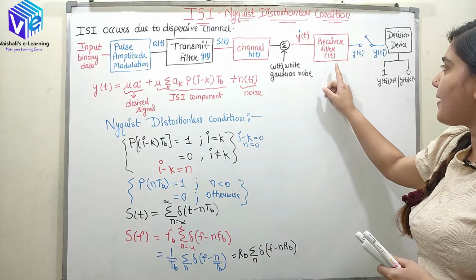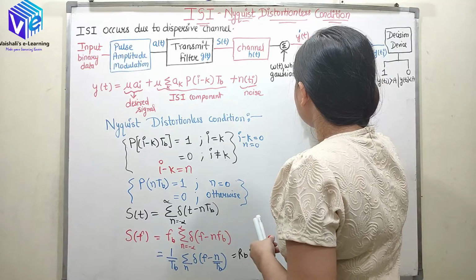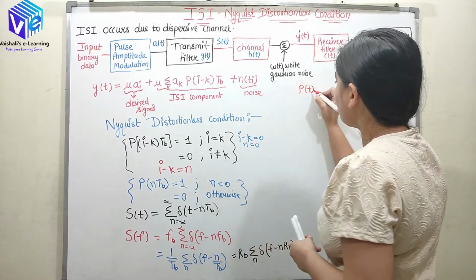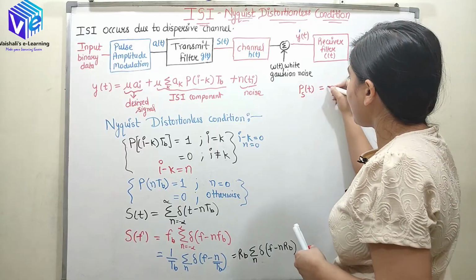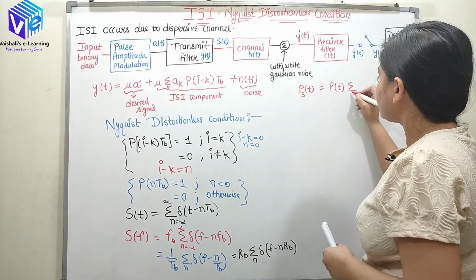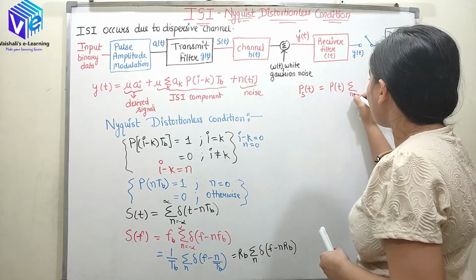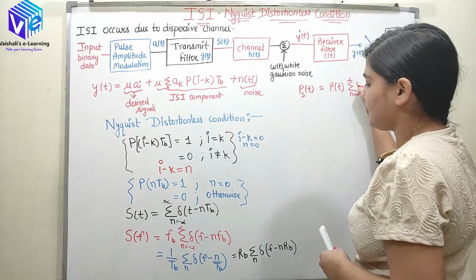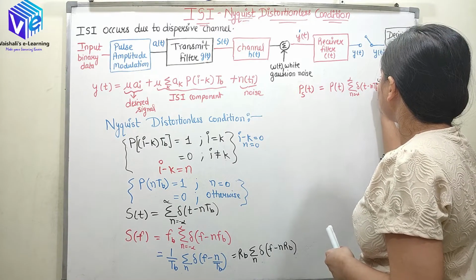So what is happening? In the time domain, if I see the pulse p(t), I will have the sampled output. The sampled output will be the pulse multiplied with the sampling function s(t), so n equal to minus infinity to infinity delta(t minus nT_b).